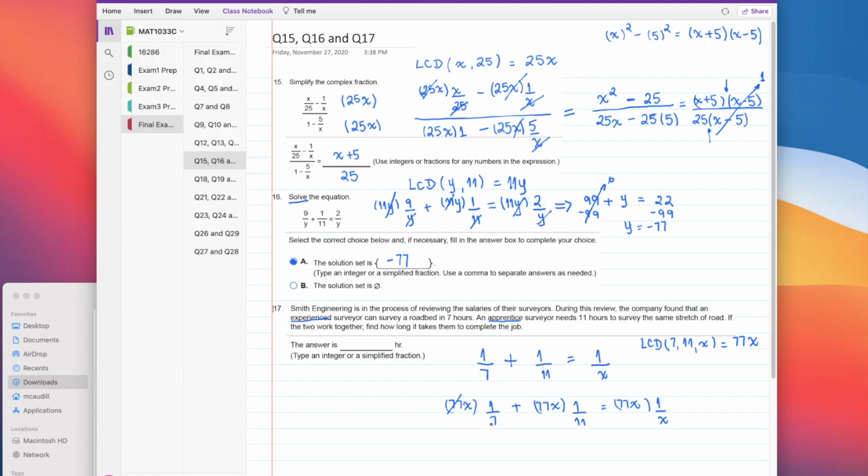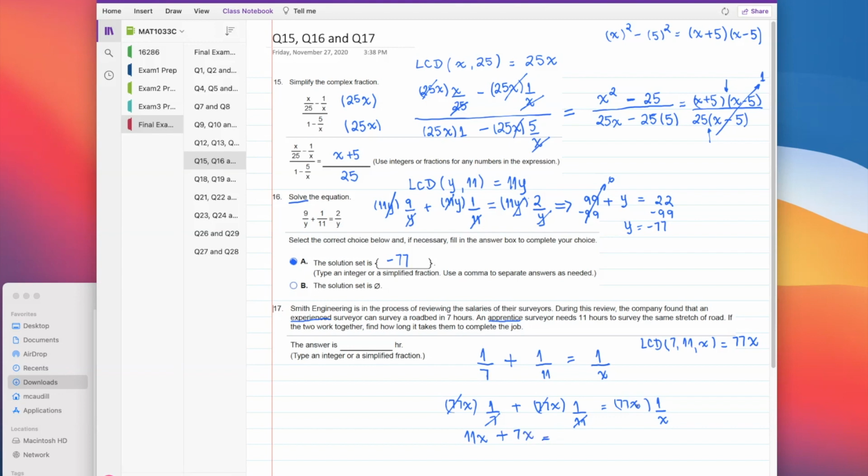Here, if I simplify 77 divided by 7, I get 11, times x is 11x. Plus, if I divide 77 by 11 is 7, then I have 7x.